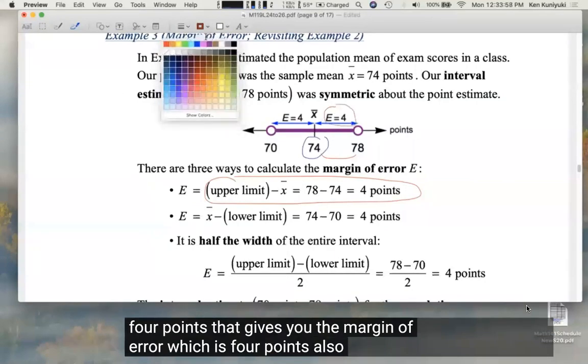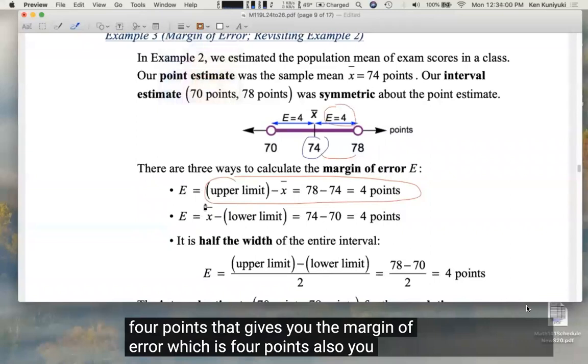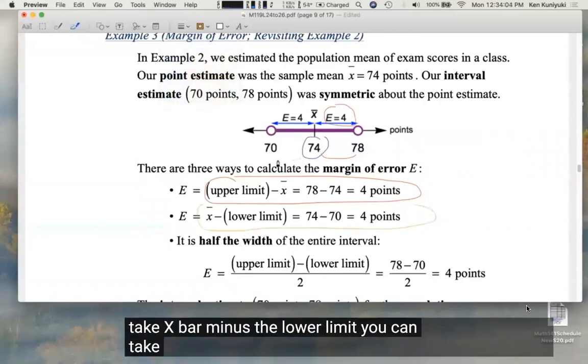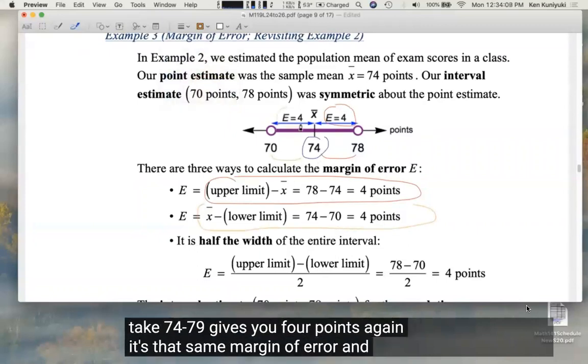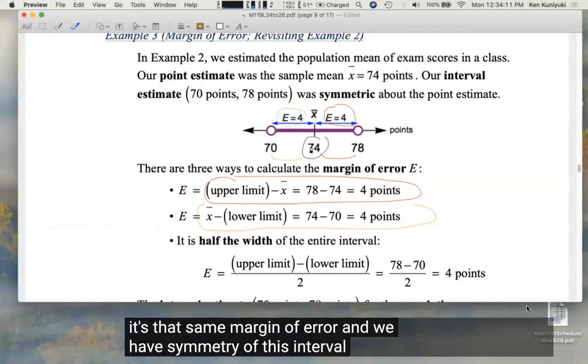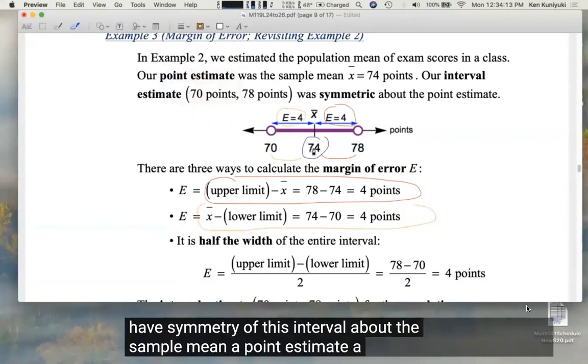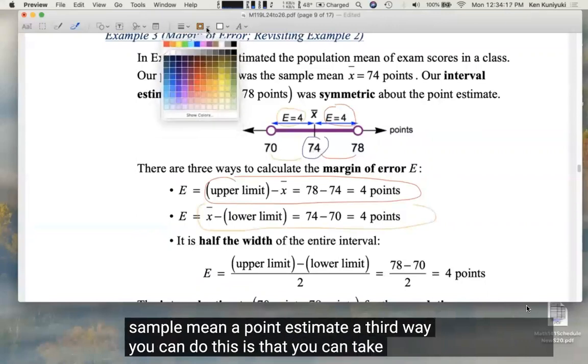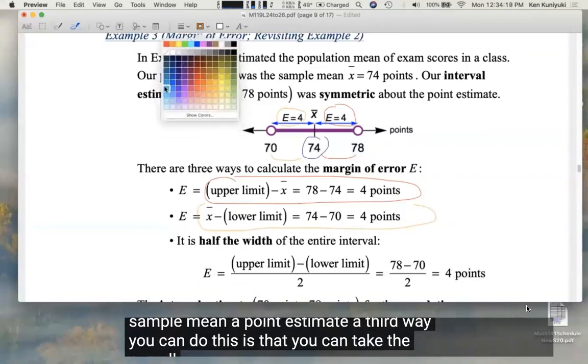Also, you can take x bar minus the lower limit. You can take 74 minus 70. That gives you 4 points. Again, that's the same margin of error. And we have symmetry of this interval about the sample mean, the point estimate. A third way you can do this is that you can take the overall width.